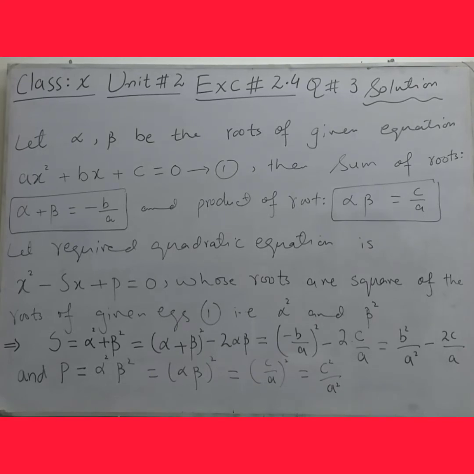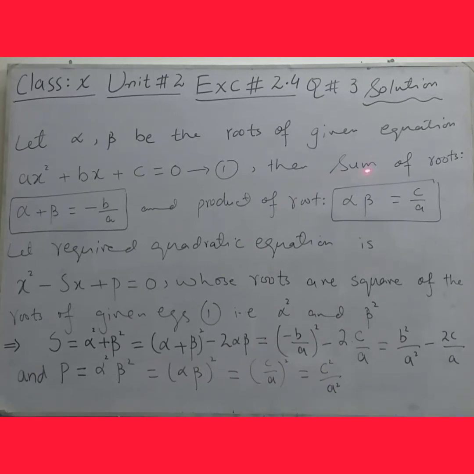Now we will start its solution from the given equation. So let alpha, beta be the roots of the given equation ax square plus bx plus c is equal to 0. Now, as we know, when a quadratic equation is given, then by using the coefficients of the equation we can find directly the sum of roots and product of roots.